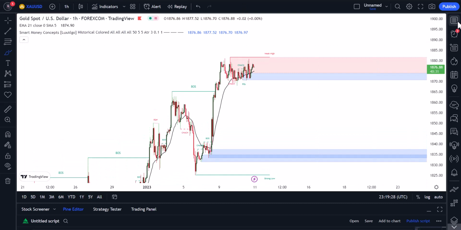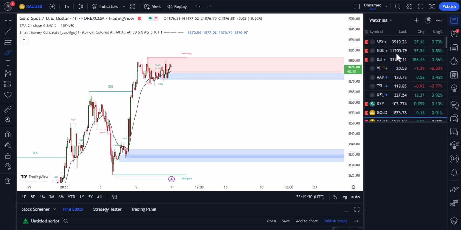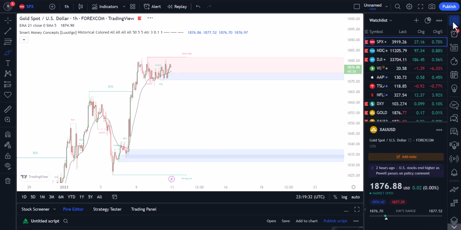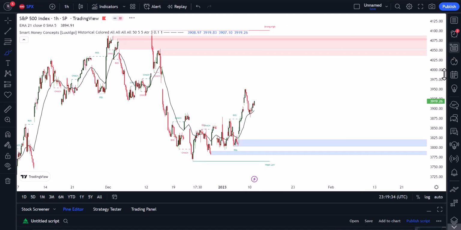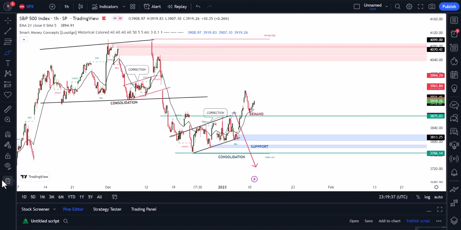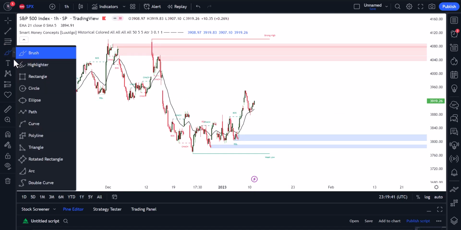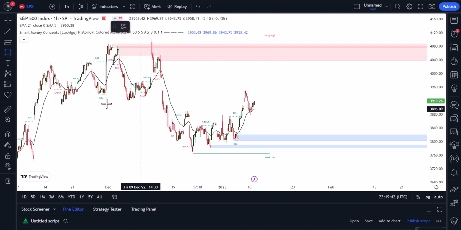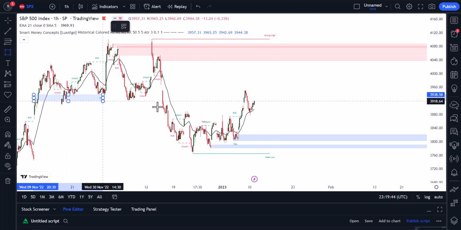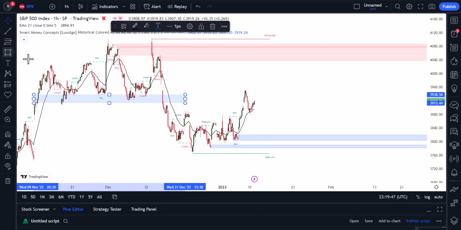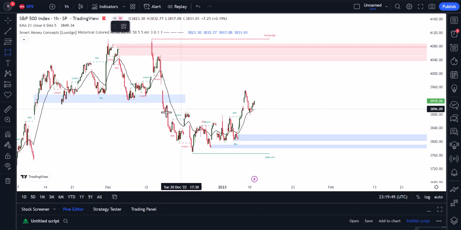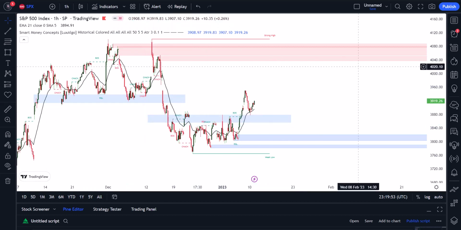After that, we will discuss the SPX. Here, this was the good level, and in the current situation, we have this one as a good level.